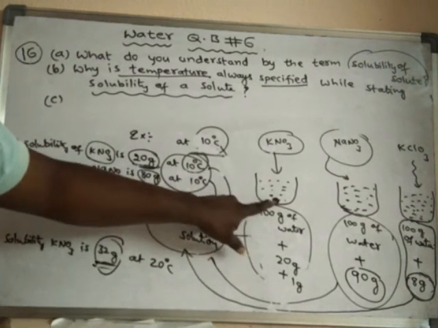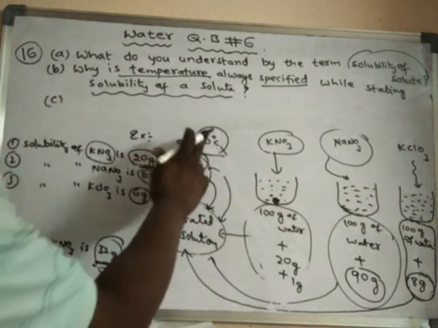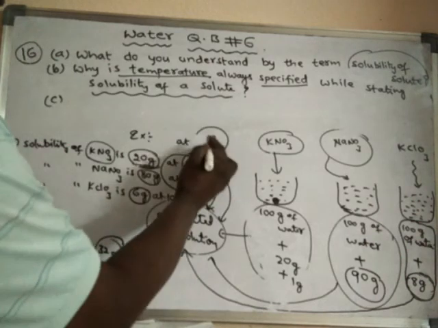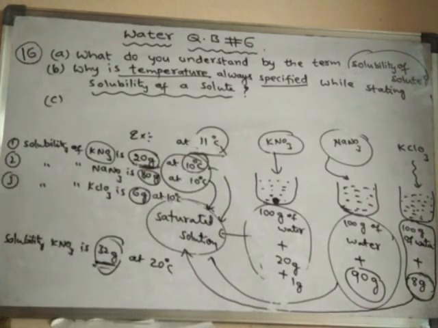So in order to make this amount also dissolve, we have to raise the temperature. We have to increase the temperature from 10 degrees centigrade to 11 or 12 or so on.